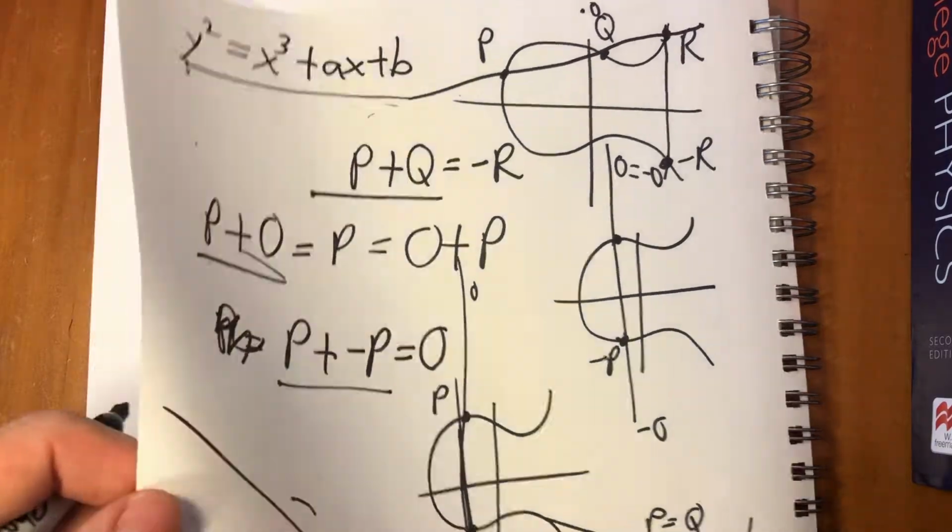When elliptic curves get really interesting, and where I think we're really going to be going with our study, is when they're over rational numbers.